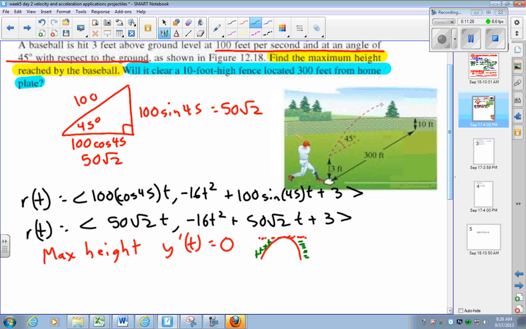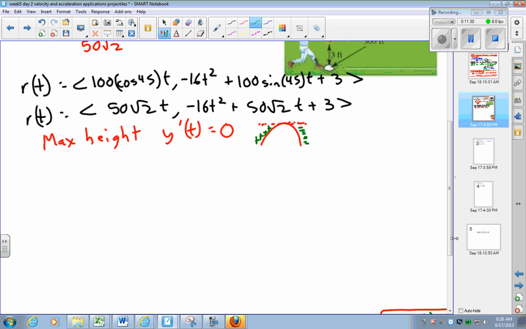Okay? So we can just from here say, okay, I already know who the y of t is right here. So I can say y prime of t is negative 32t plus 50 square roots of 2. And this is completely Calc 1 right now. I want to set this equal to 0.